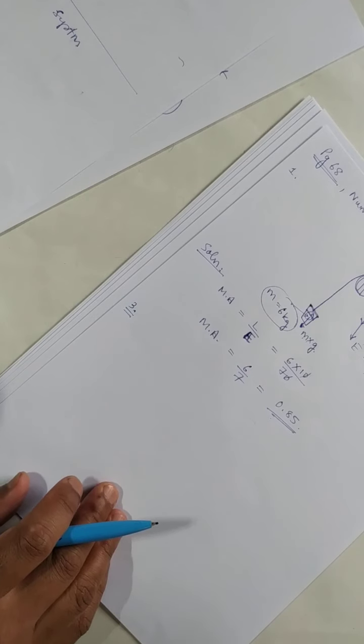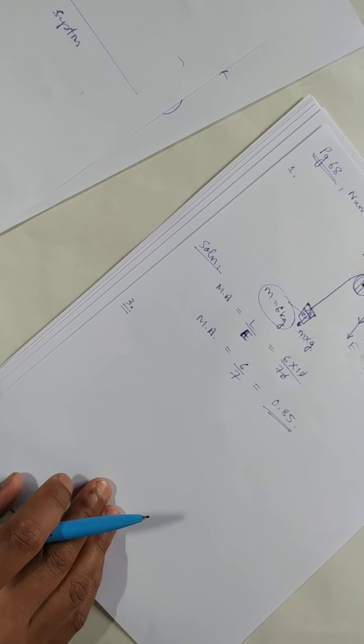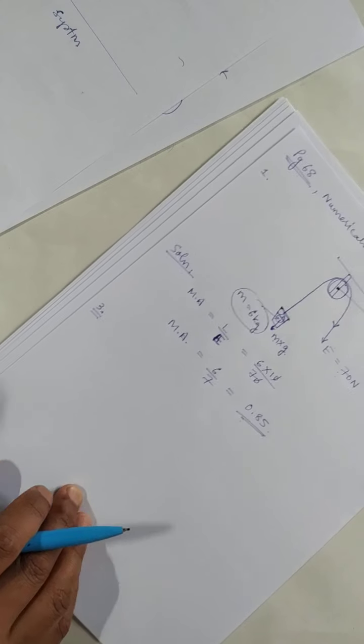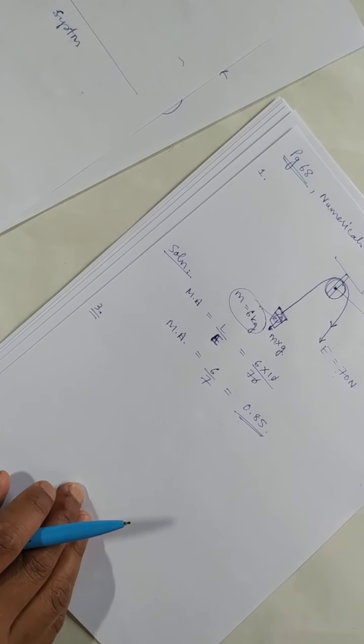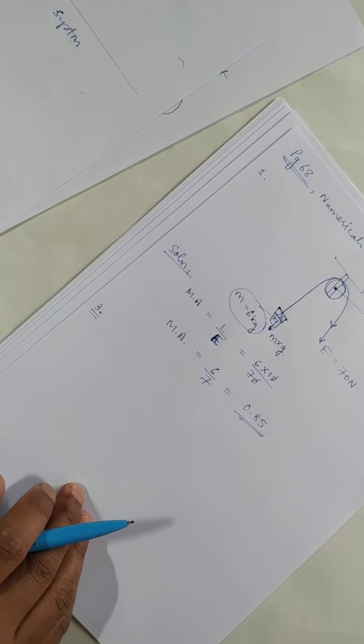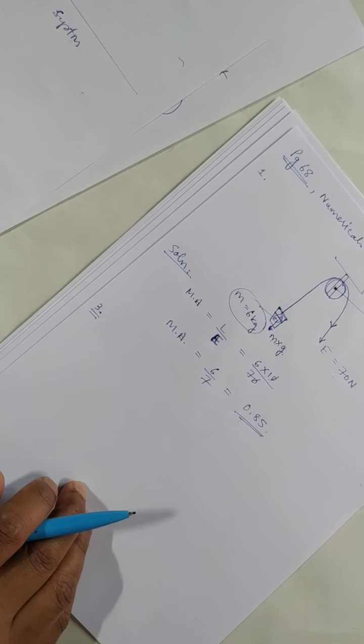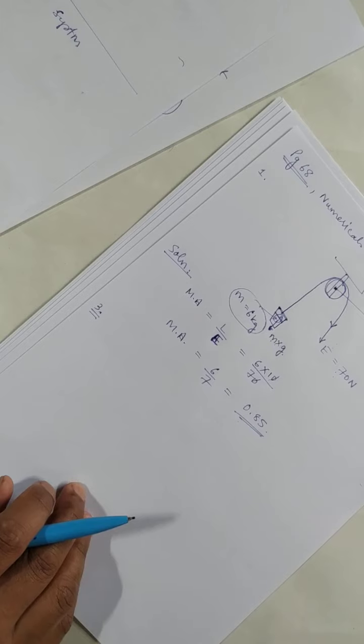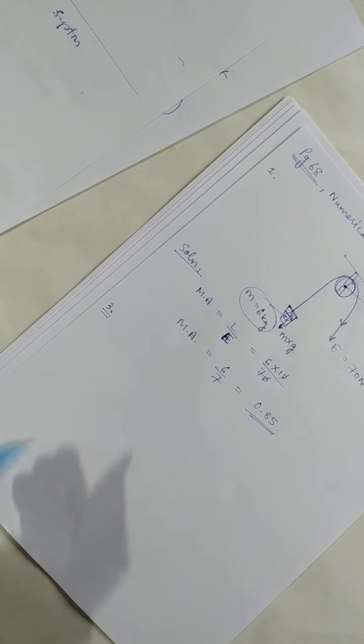In a block and tackle system consisting of 3 pulleys, a load of 75 kgf is raised with an effort of 25 kgf. Find number 1, the mechanical advantage, number 2, the velocity ratio, and number 3, the efficiency. So first of all, let me draw the diagram of the block and tackle. Here it is saying that block and tackle system consisting of 3 pulleys. So we have 3 pulleys here.